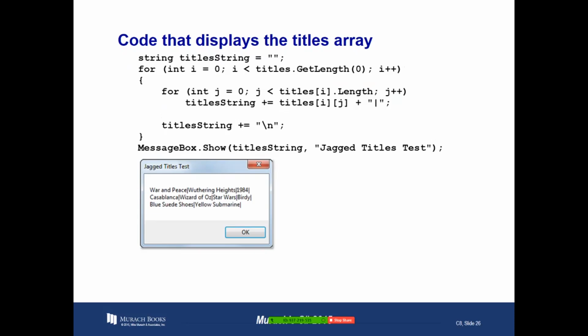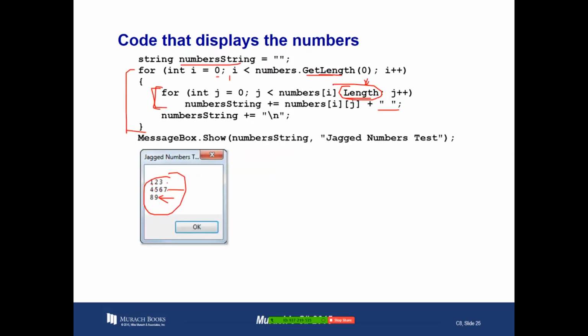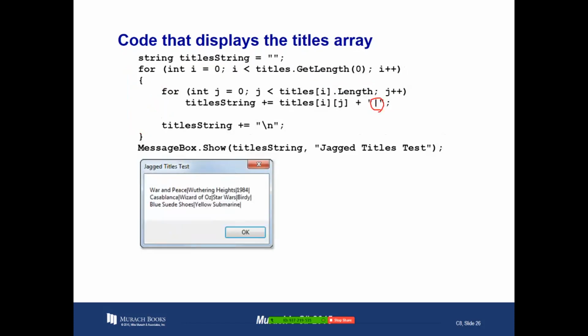And here we do the same thing for the strings, the titles of these movies. In this case, we are putting a vertical bar in between instead of a space. Here we're putting a space in between, which is why there's a space there. Here we're using a vertical bar to distinguish, because movies can have spaces in them.